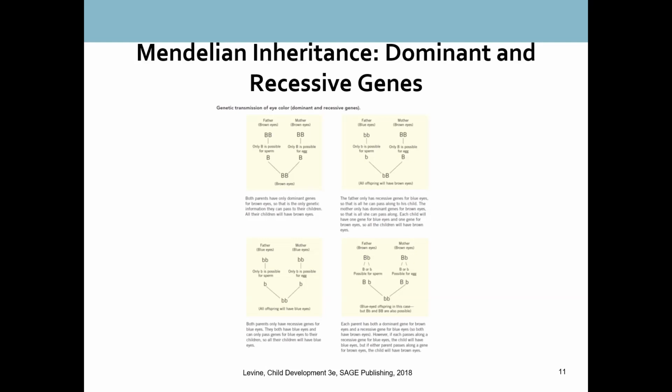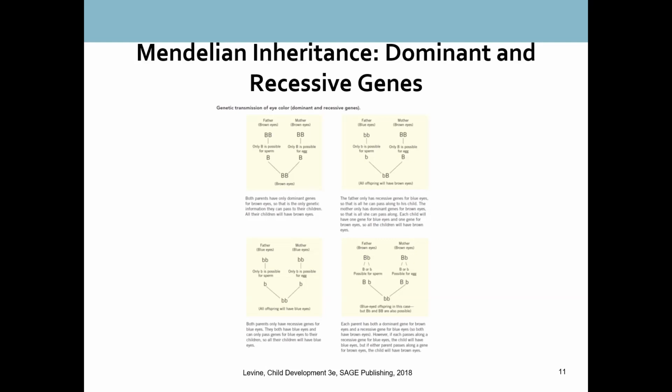All right, and remember in that very top of that first box where it says BB and then BB, remember that's the genotype. And then at the bottom where they come together, that's the phenotype. What actually is the result? Okay, so if your parents only carry brown eye genes, you end up with brown eyes.